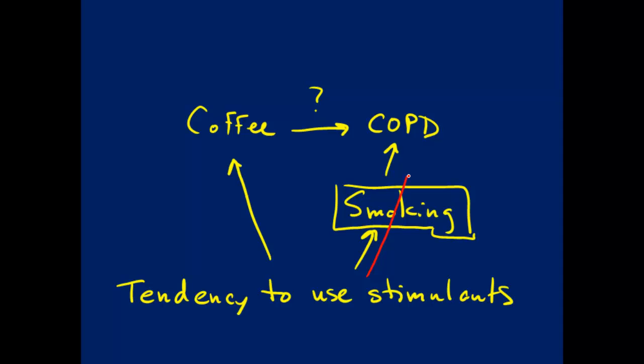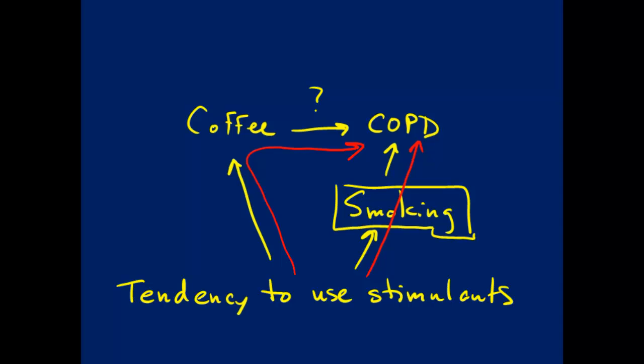One pathway is through smoking, and the other pathway is through coffee. So, for example, we are saying that there are no other pathways between the tendency to use stimulants and COPD other than the effects on smoking and coffee.